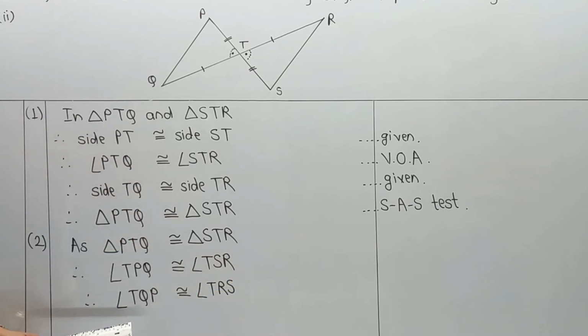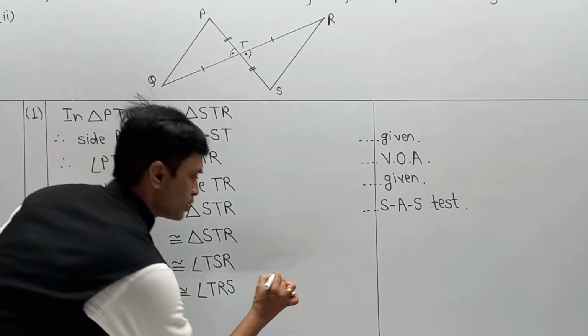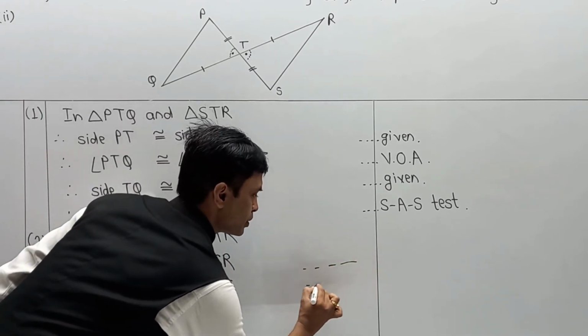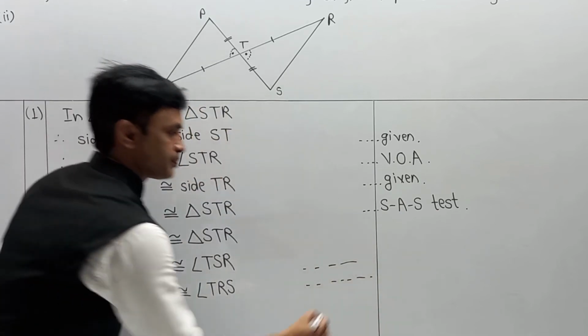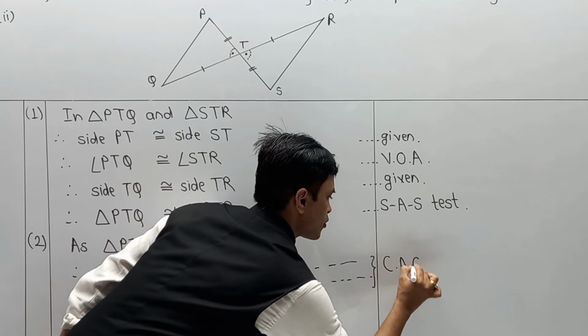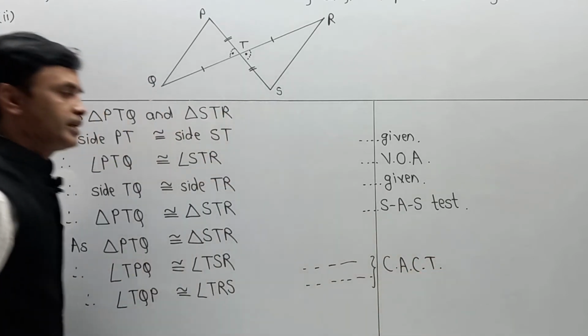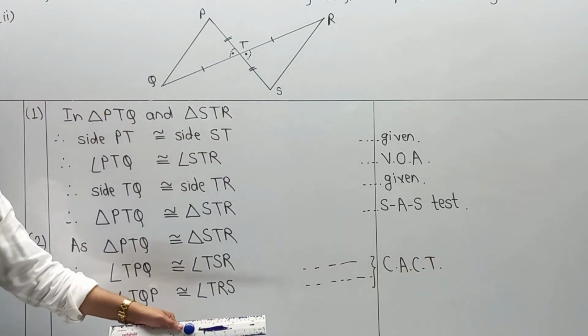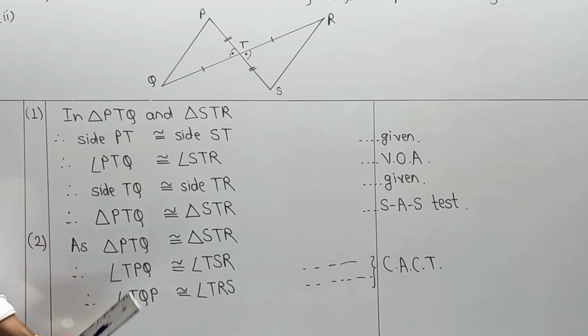These both are angles, and these angles are nothing but corresponding angles of congruent triangles. So in this case, for both, the reason becomes corresponding angles of congruent triangles. In this way, you can write a proper reason over there.